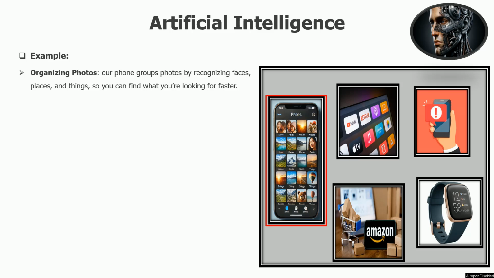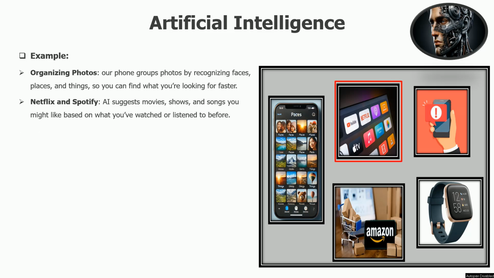If you click on the face of any person, you will see all the photos of that person. Suppose there is a birthday of a particular person and you want to make a collage of that person. You can use that feature where you just click on the face of that person. It will provide you all the photos in which that person appears. So that's the feature of AI.